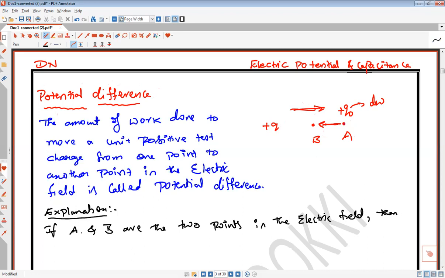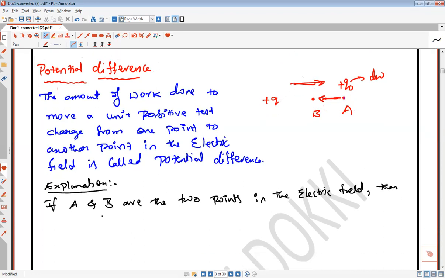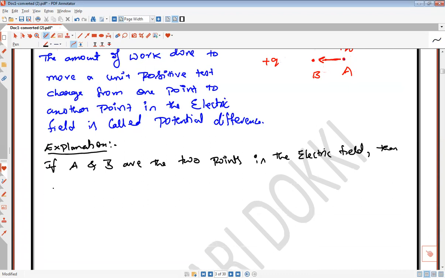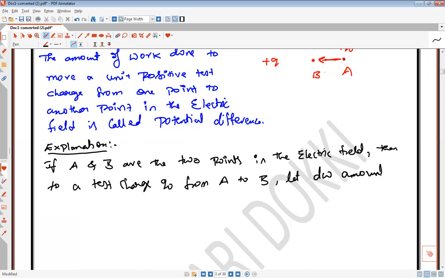Then to move a test charge, say Q0, from A to B, let dW amount of work be done.